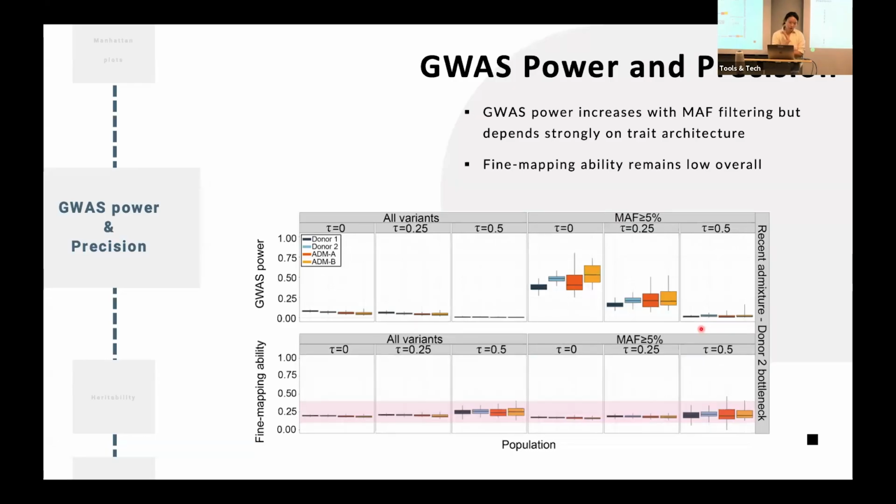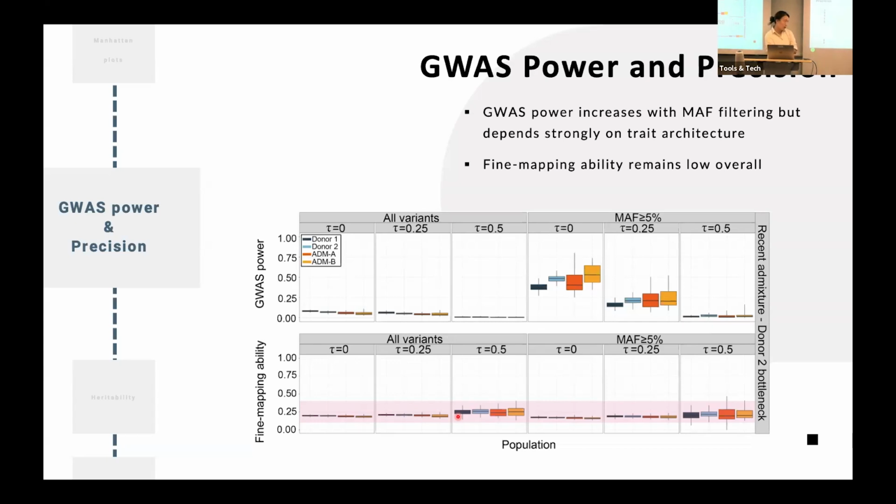Then we looked at the fine-mapping ability, or precision. What's really interesting here is that, as you can see, it doesn't really change across these different scenarios. What it's saying is that no matter how many variants we find to be significant, so that they pass the GWAS significance threshold, only about 25% of them are going to be the true causal variants.